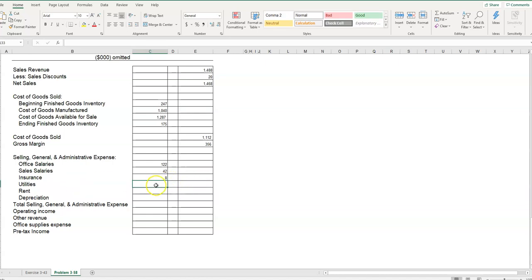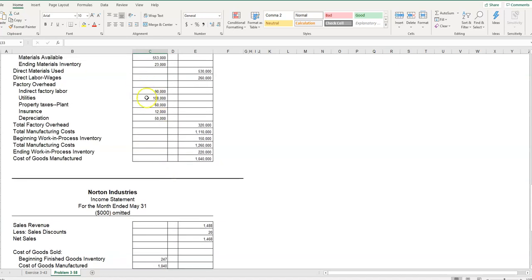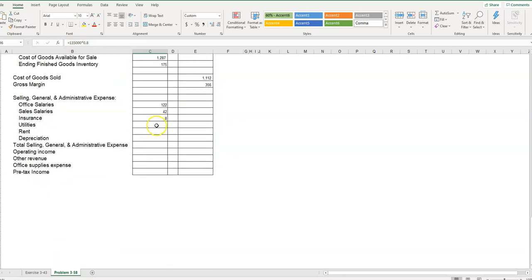Next are utilities. So we applied 80% of the utilities here to overhead. The remaining 20% is a period cost, which goes on our income statement. So we have for utilities $135,000 times 20%.